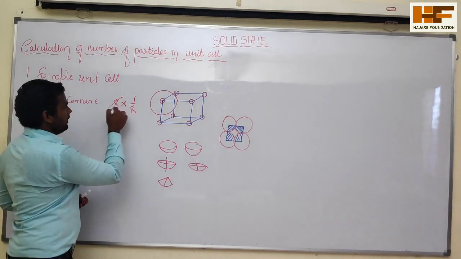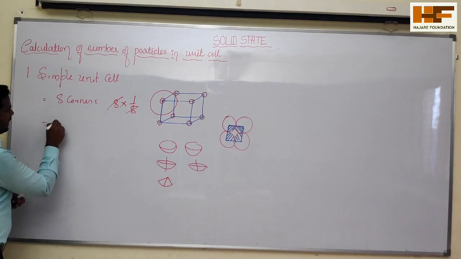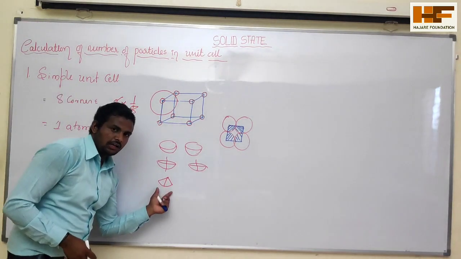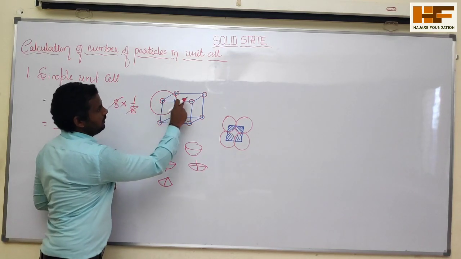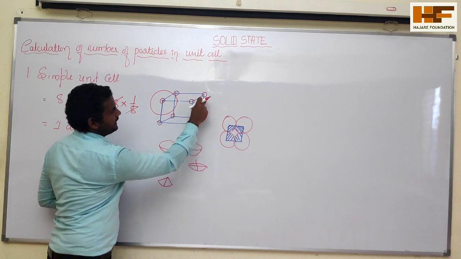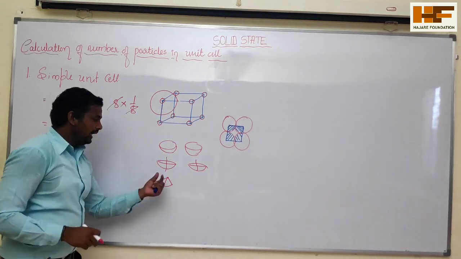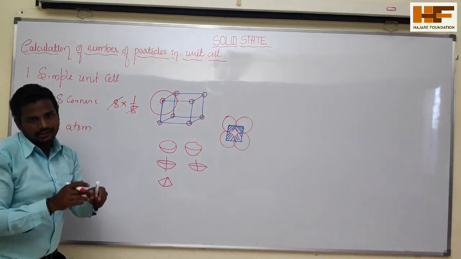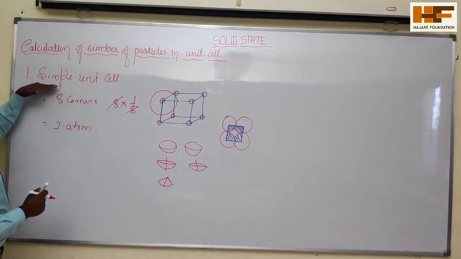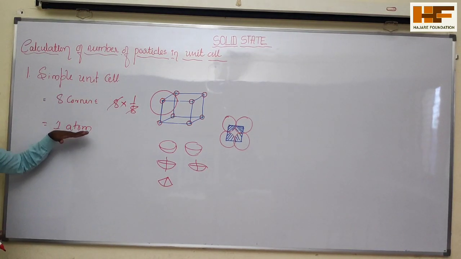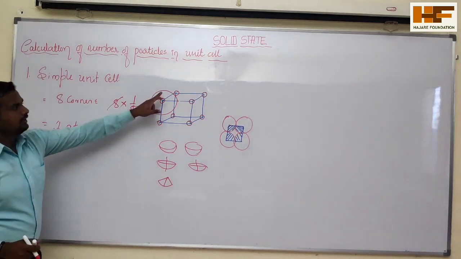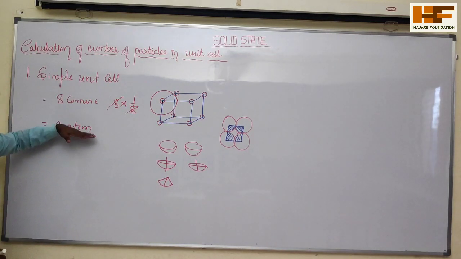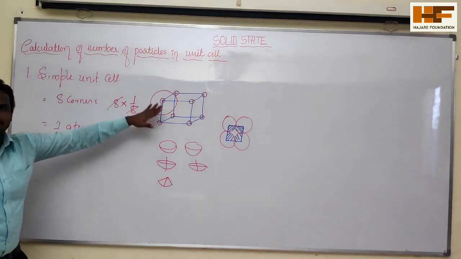So if I join these 8 parts, 1, 2, 3, 4, 5, 6, 7, 8, I'll get one constituent atom. Hence in the simple unit cell we are having only one atom. Okay, so this is the contribution of the atom in the simple unit cell.